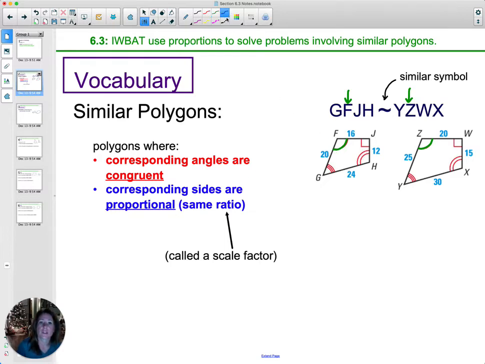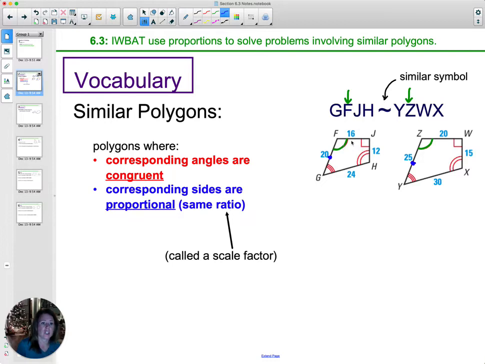Then the sides are going to be proportional. So we're going to take the corresponding sides. GF goes with YZ. I'm just going to put dots on it before we put tick marks, because tick marks mean that the two sides are congruent to each other. Well, we're working with a similar polygon now, so you don't see the equal sign under here. It's only similar. So I'm just going to put dots so that it's easier to identify.